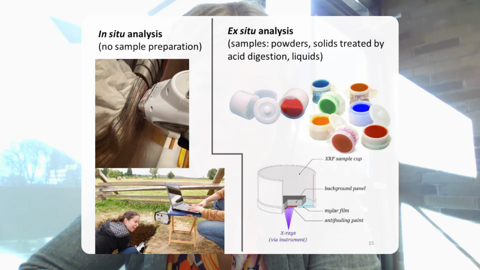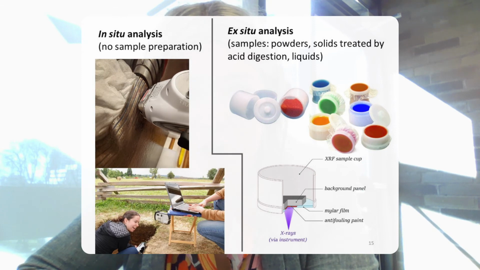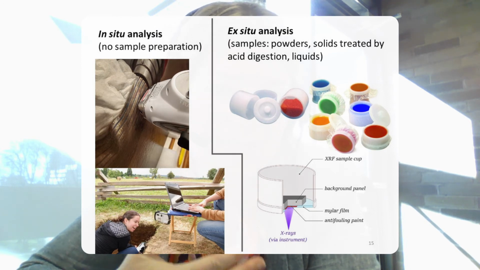Such samples can be contained in plastic containers with a thin plastic film across one end. Plastic is made out of hydrocarbons, which of course contain hydrogen and carbon, so their X-ray energies are too low to be detected when conducting analysis in the air.